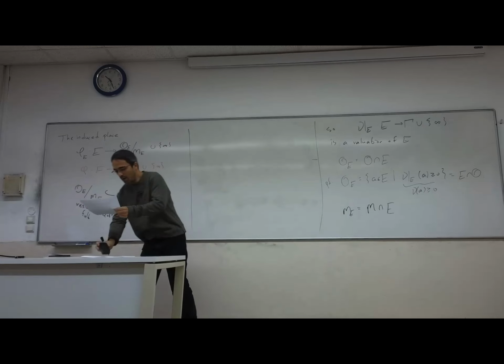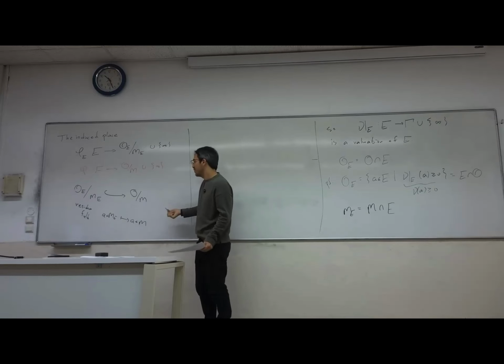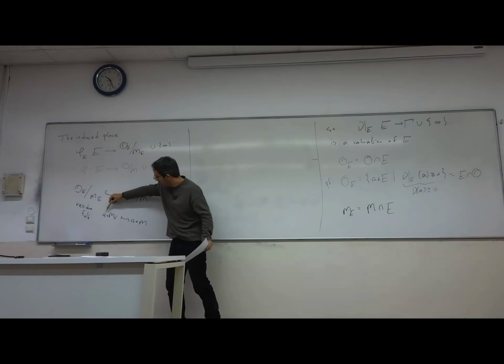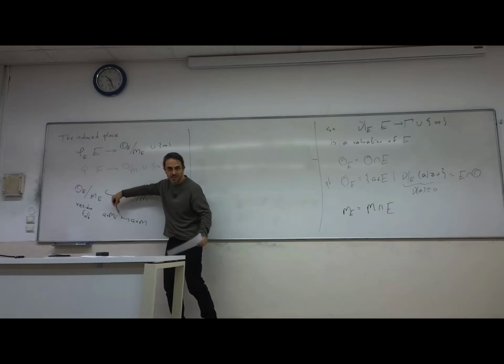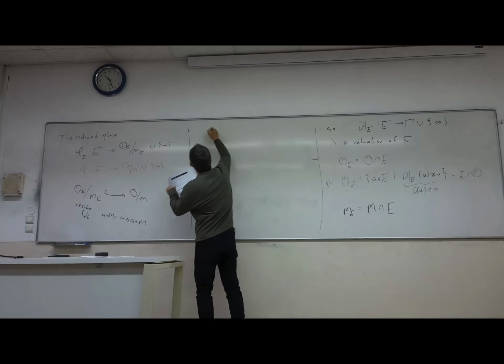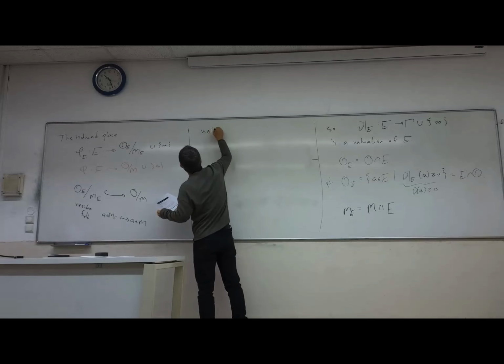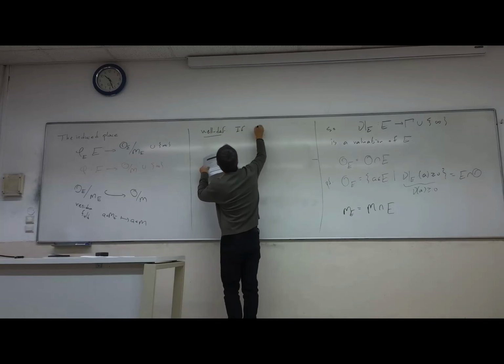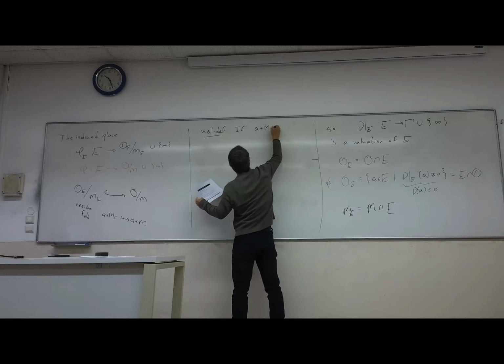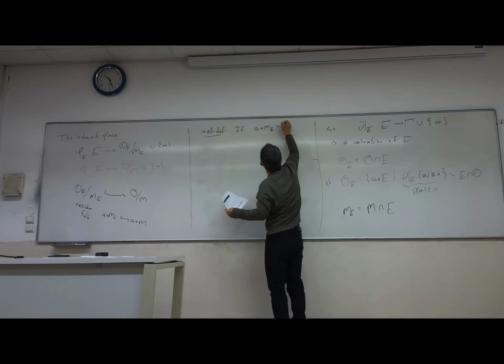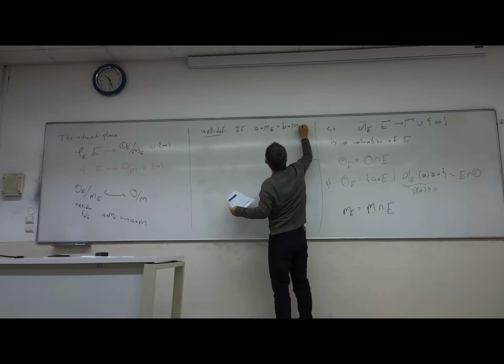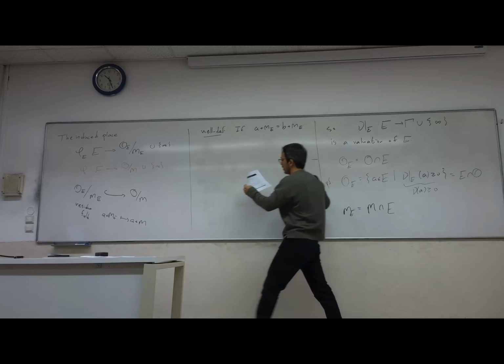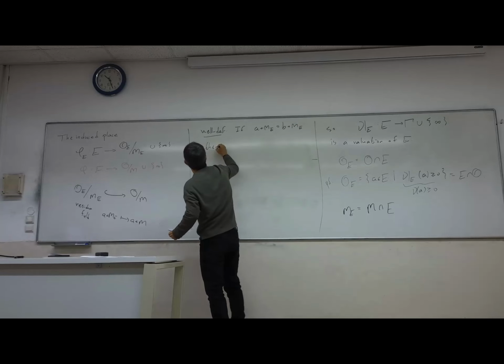So why is it well defined? In order to show that it's well defined, I need to take two representatives and show that they go to the same place, right? That's what you want. So if you take two representatives A and B, then what can you say about A minus B?